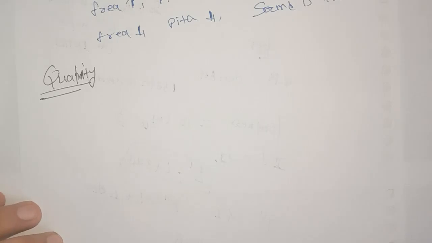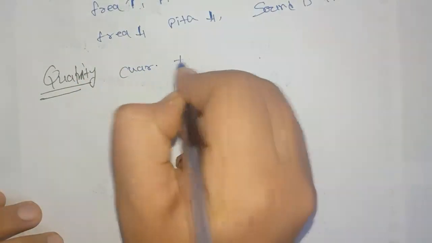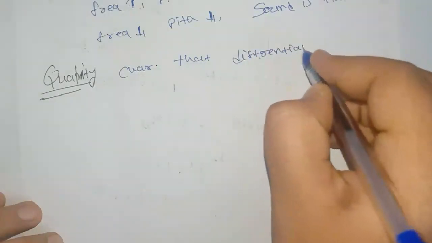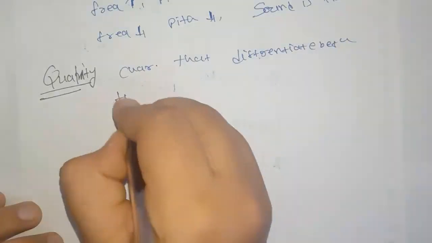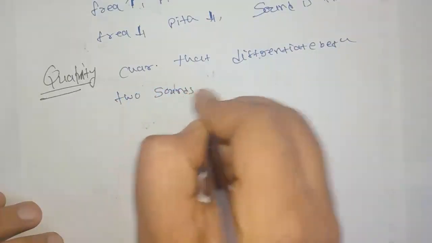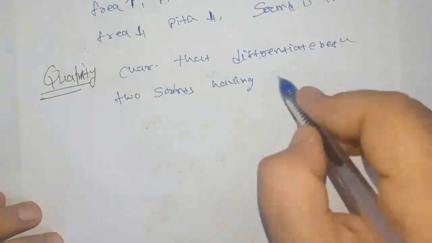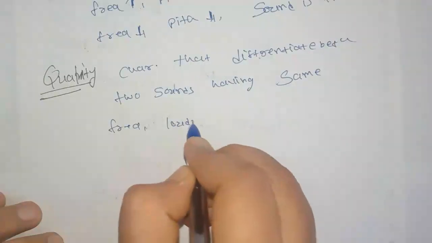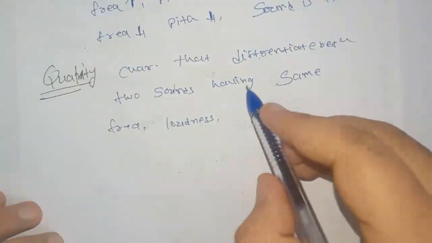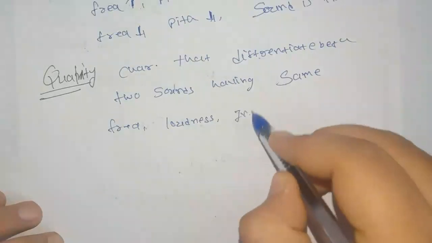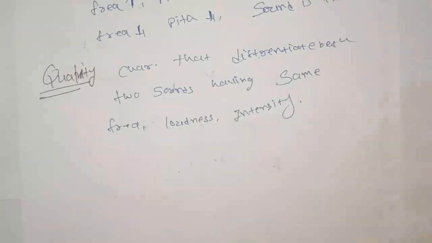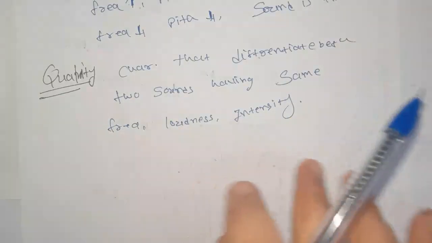So quality is the characteristic that differentiates between two sounds having same frequency, loudness, and intensity. Even though they have the same frequency, loudness, and intensity, we can differentiate between two sounds based on the characteristic, that is quality.